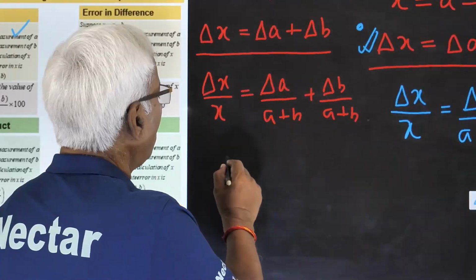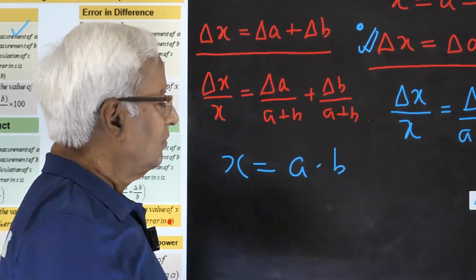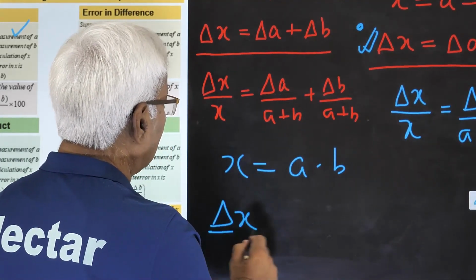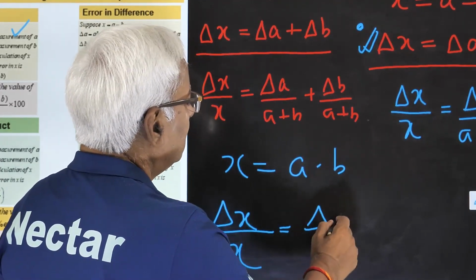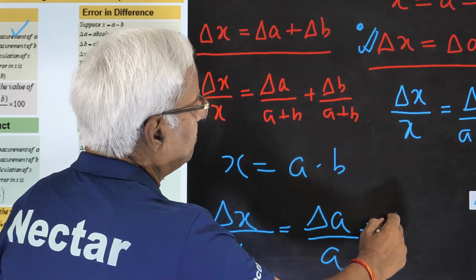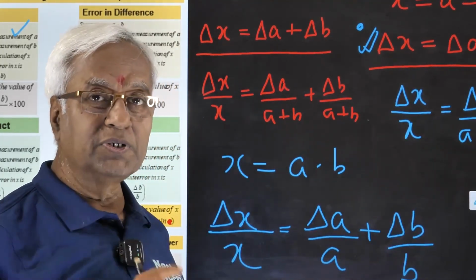Now the product, X equal to A times B. What you will do, delta X upon X, the relative error in X, is delta A upon A plus delta B upon B. How to remember this whole thing?